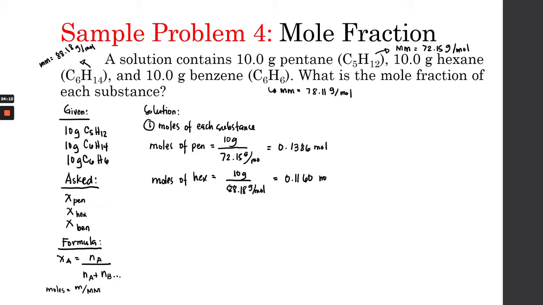0.1160 moles. You can use this to solve for the moles of benzene, but another formula that I want you guys to remember is that the mole fractions XA plus XB plus XC, etc. would also equal 1.